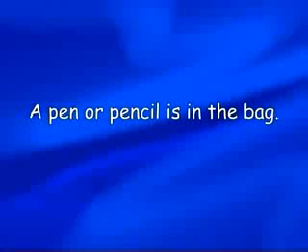The same is true for when two singular subjects are connected by or or by nor. A pen or pencil is in the bag. But if there are two subjects, one singular and one plural, that are connected with either or, neither nor, the one that is closer to the verb determines whether it is singular or plural.